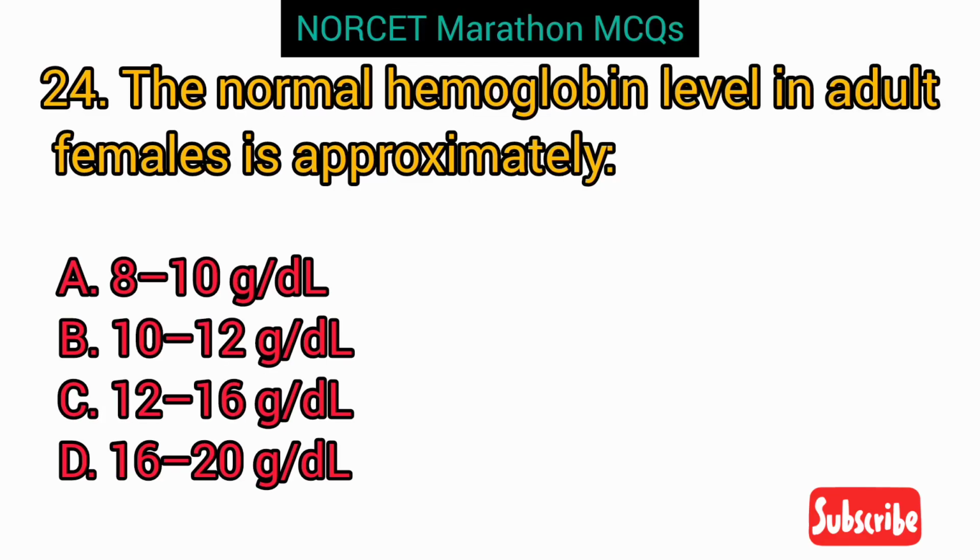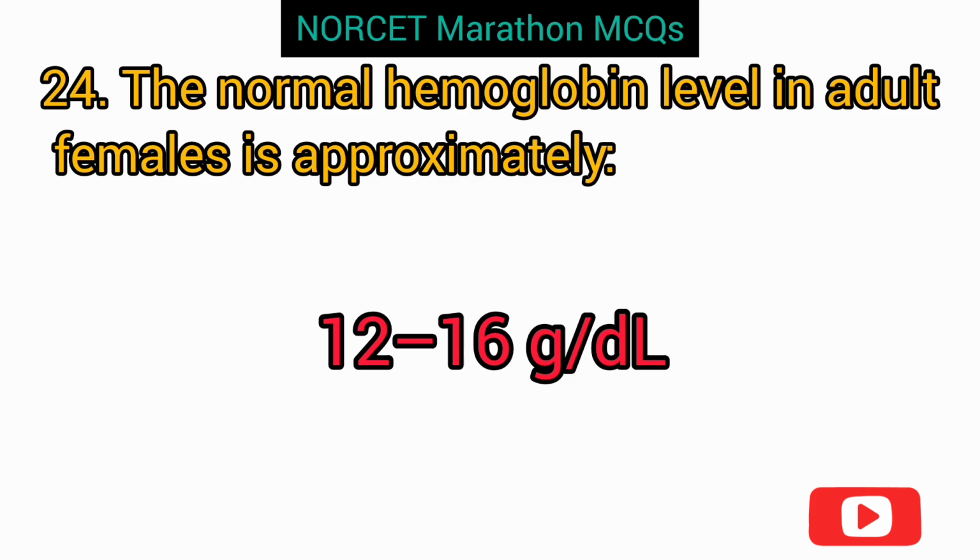The normal hemoglobin level in adult females is approximately 12 to 16 grams per deciliter.